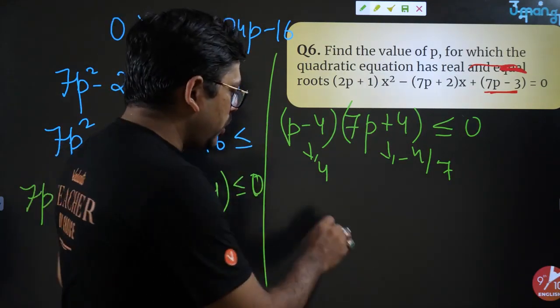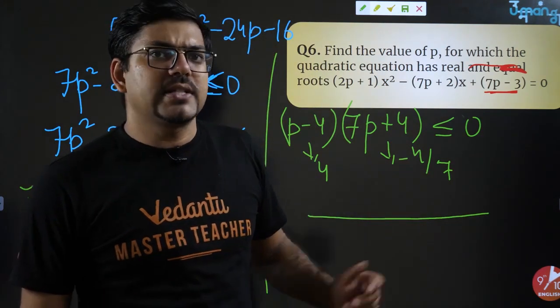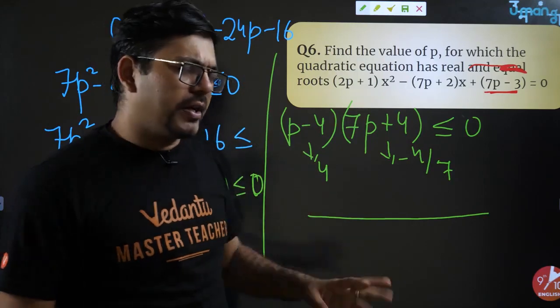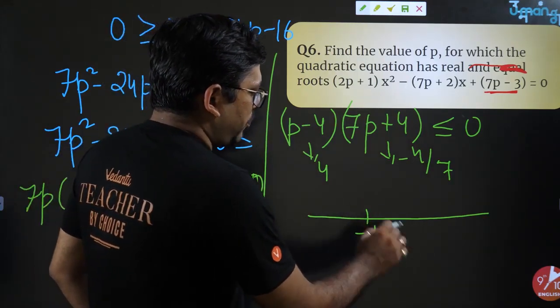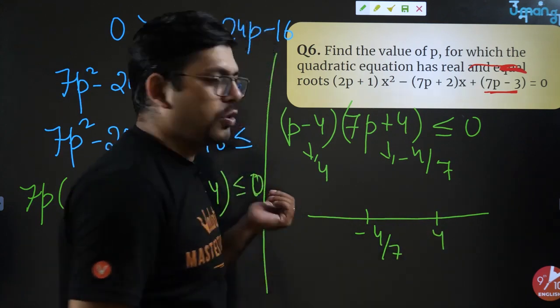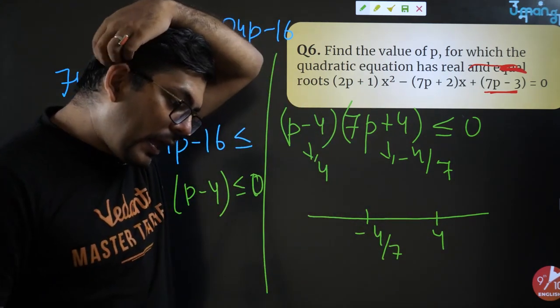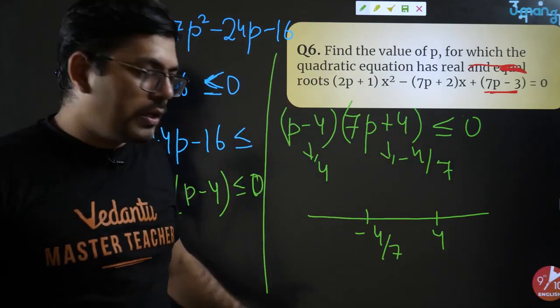What you should do is come to a number line and point these zeros. Just randomly. Don't take a scale and keep on pointing it. Just randomly take it. Like minus 4 by 7 will be somewhere here and 4 will be somewhere here. Obviously the right side is positive and the left side is negative. Now you have to remember one thing. Please write it down somewhere in your copy.